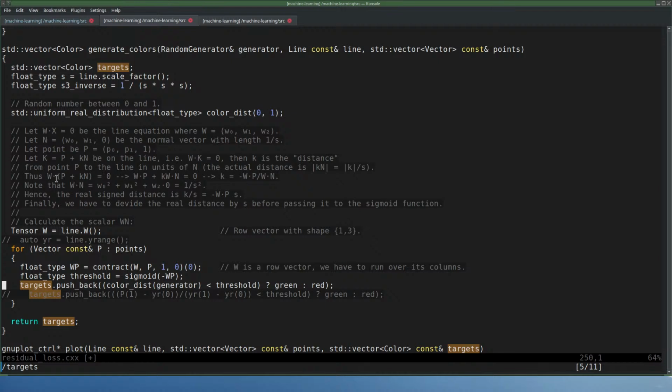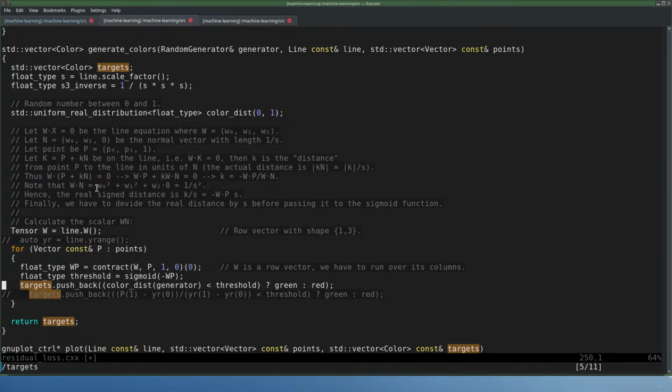Thus, W times P plus Kn, I guess, equals 0, from which follows that Wp plus K times Wn equals 0, from which follows that K equals minus Wp divided by Wn. Yep.